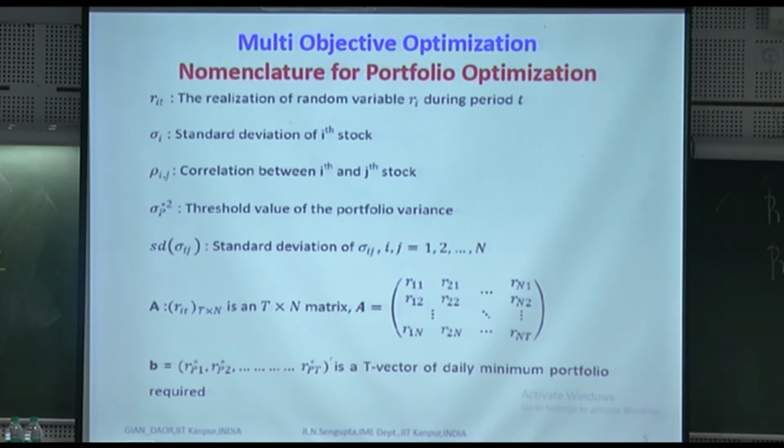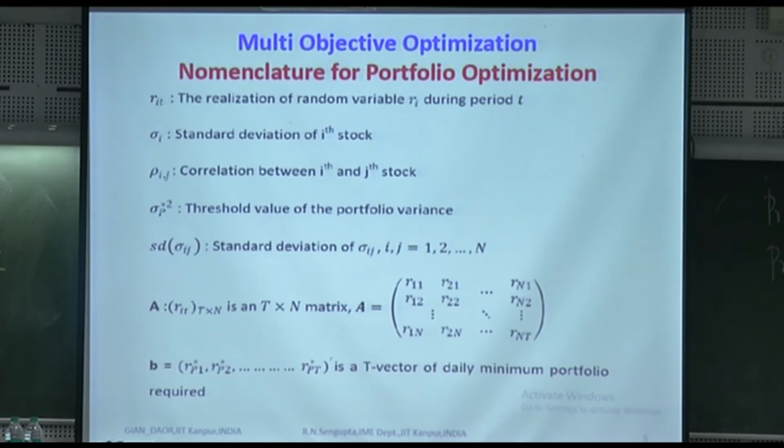If I have 50 stocks and the time period is 1 year, with each day's price calculated, I is from 1 to 50 and T is from 1 to 240, considering there are 240 trading days in the market. Then I have the correlation coefficient rho ij, which I can calculate from the data.